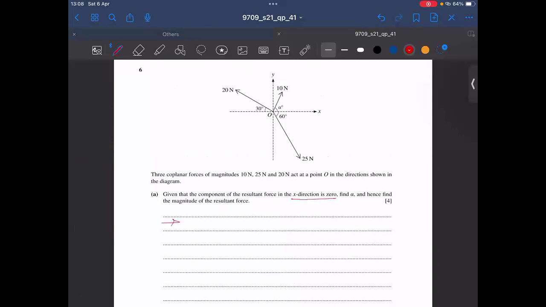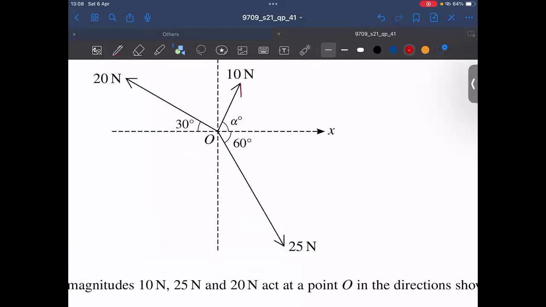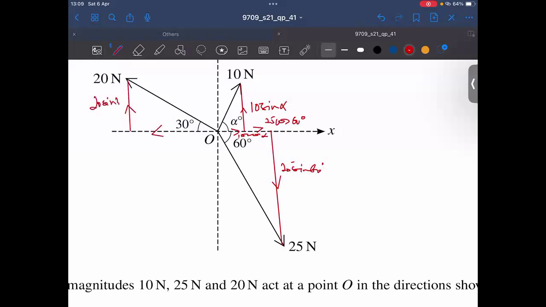So this is going to be 10 sine alpha and 10 cos alpha. And what is going to be this? 25 cos 60, 25 sine 60. And what is going to be this, Aisha? 20 sine 30 and 20 cos 30.